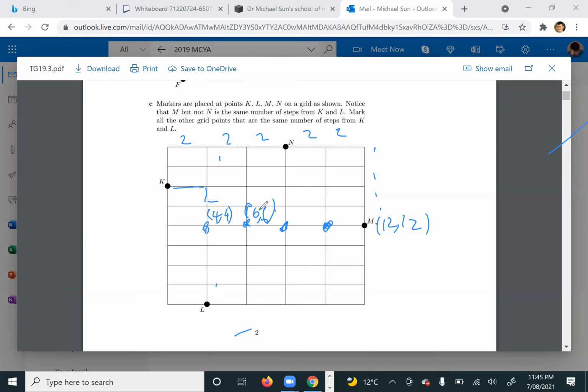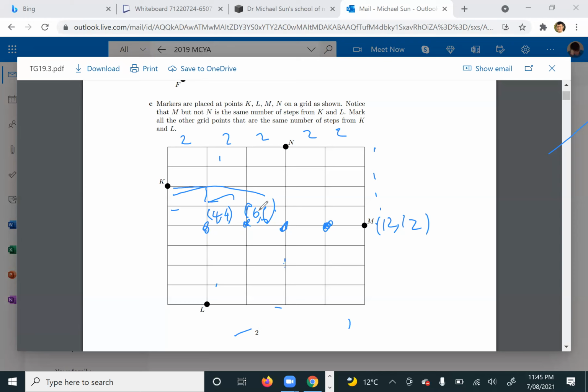So it's 1, 2, 1, 2, 1, 1, and then 2, 1, 2. So 3 2s equals 6, and another 2 equals 8.